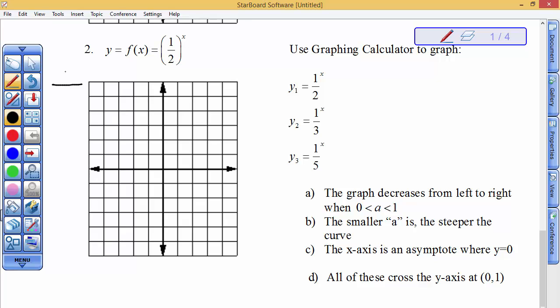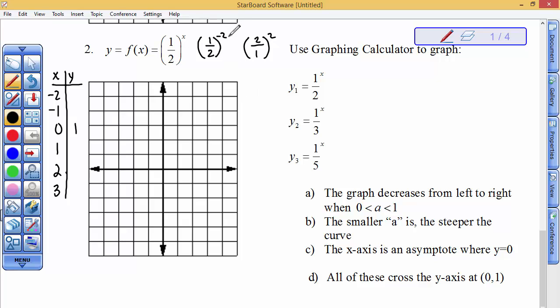So again, I'm going to choose to put in negative numbers and 0 because I always want to raise this to the 0 power because I always get 1, and 2, and maybe 3. So when I put a negative 2 in here for x, 1/2 to the negative 2 power, remember one of the other rules for exponents: when you have a fraction raised to a negative power, you can flip that fraction and raise it to the positive power.